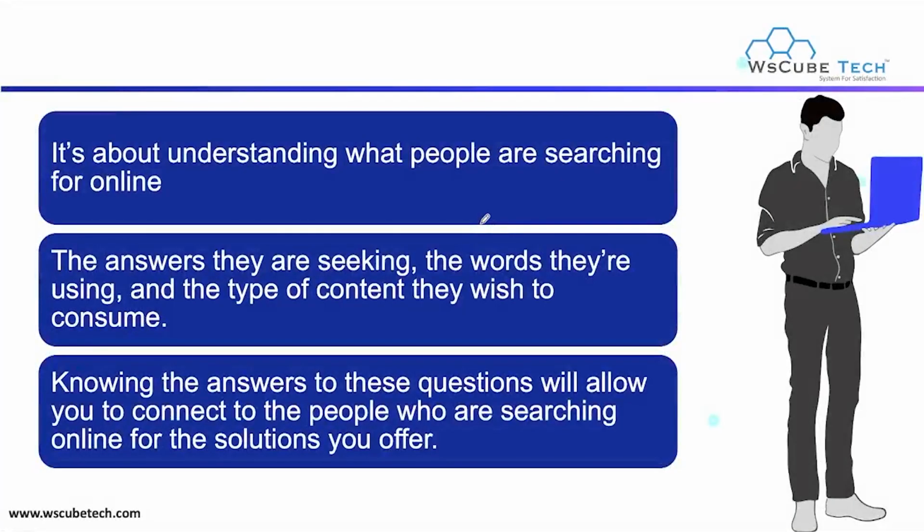Search engine optimization is basically about understanding what people are searching for online. We do keyword research in search engine optimization, and with its help we understand what people are searching for online, the words they are using, and the type of content they wish to consume.